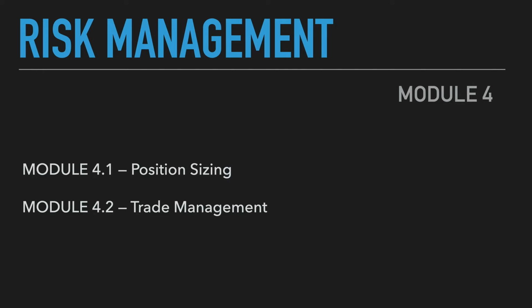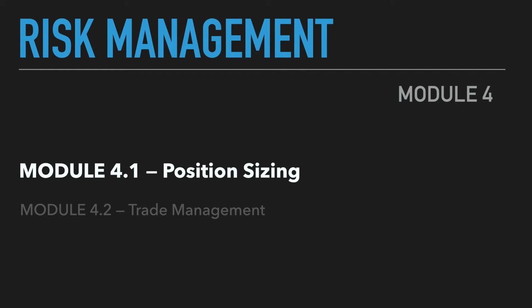There are two sub-modules in Module 4, which will cover two very important topics on risk management: position sizing and trade management. In this tutorial, we will go through sub-module 4.1 and talk about how you can calculate your position size like a professional trader.